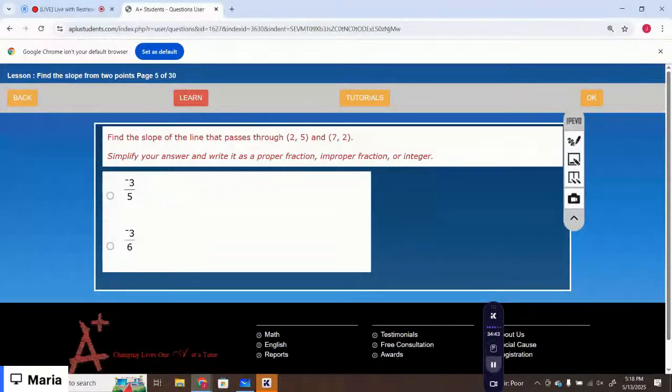Find the slope of the line that passes through 2, 5 and 7, 2. That is negative 3 by 5. Option number 1 is the correct option.